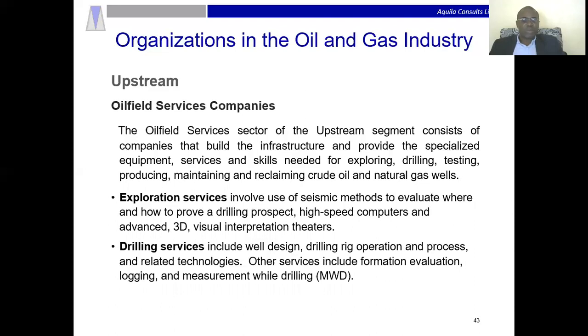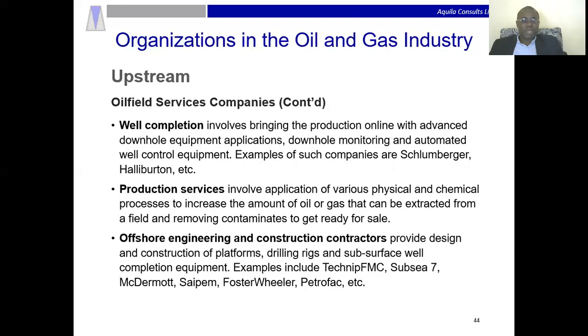Now, the next category will be drilling companies, which are involved in well design, drilling operations, and processes and related technologies. So that's what drilling companies do. Then another set of companies in this area are well completion services, which bring the production online with advanced downhole equipment, monitoring, and automated equipment.